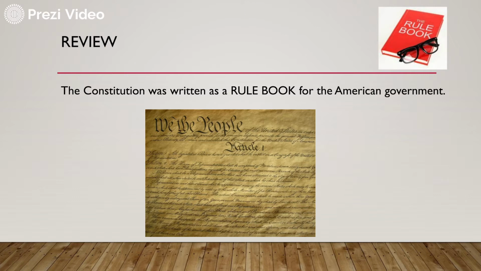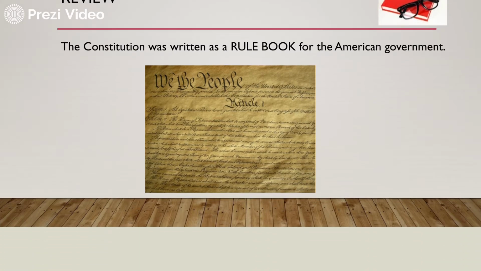So even though we still come up with new laws, we find new ways to interpret laws, we are constantly referring back to this Constitution to make sure that we are staying true and we aren't going against the Constitution. That doesn't mean that we haven't changed the Constitution.